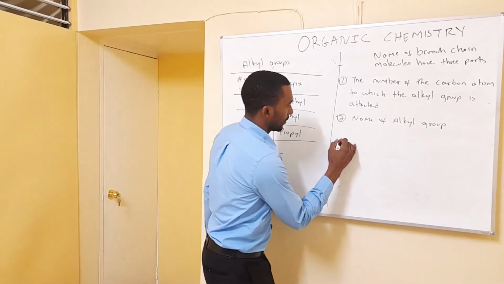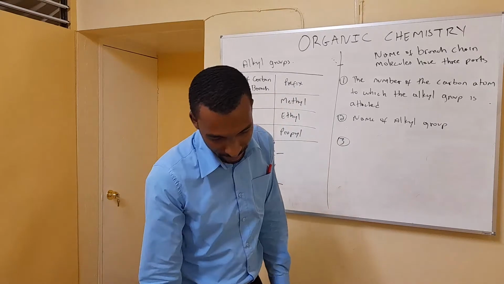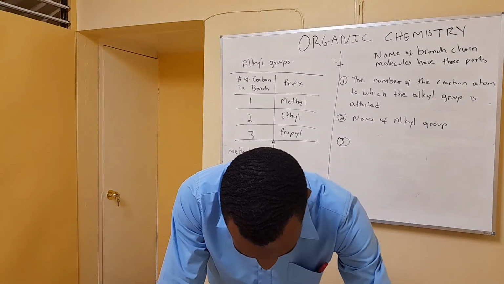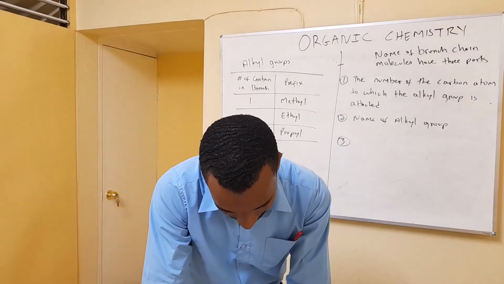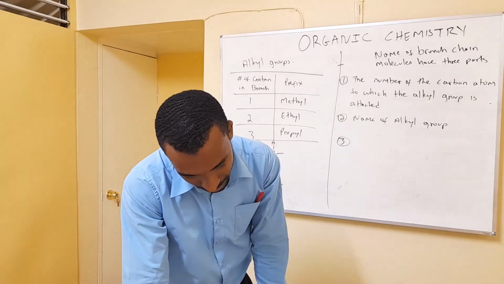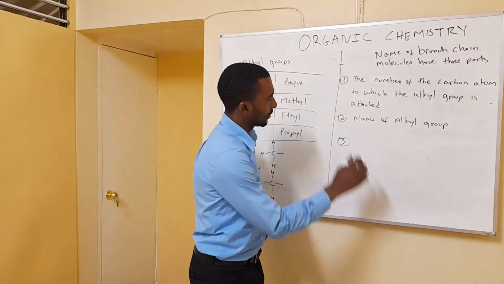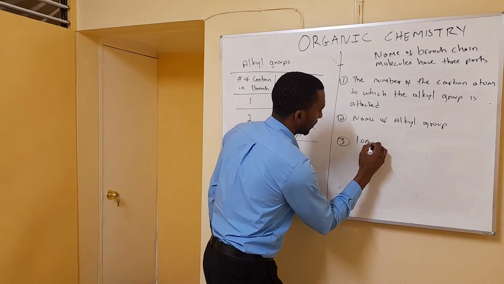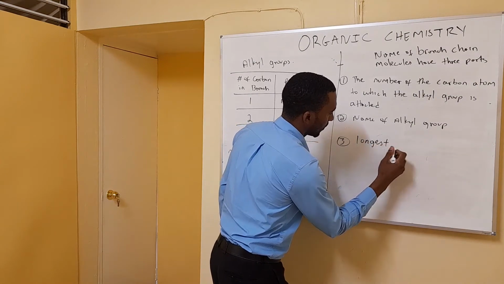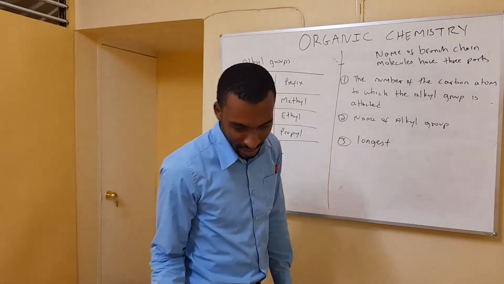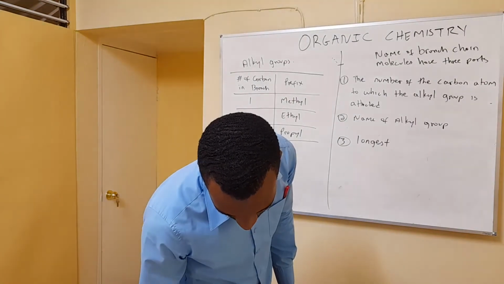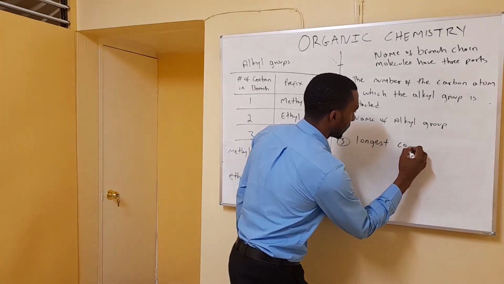Alright. The 3rd part, name the longest continuous straight chain.